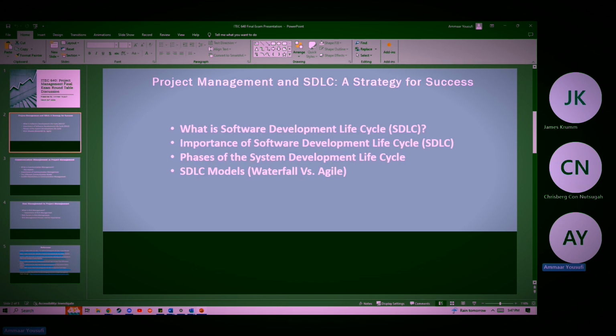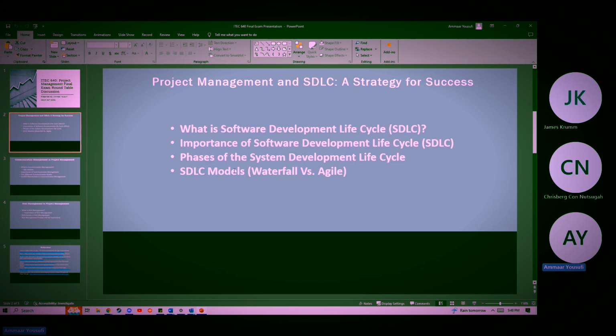And overall, the sixth step would be maintenance, pretty much to update and improve the software post deployment, because there will be some issues that come up. It ensures the reliability and overall longevity and relevance of the software for our stakeholders. And overall, that would be it for that part.